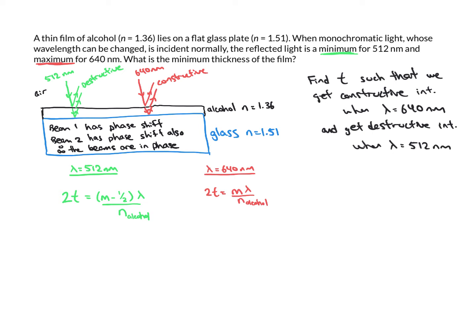I'm going to put some numbers into both equations and isolate for the thickness as well. So the lambda is 512 for the green, and isolating for thickness, I divide both sides by 2, and the index of the alcohol is 1.36.